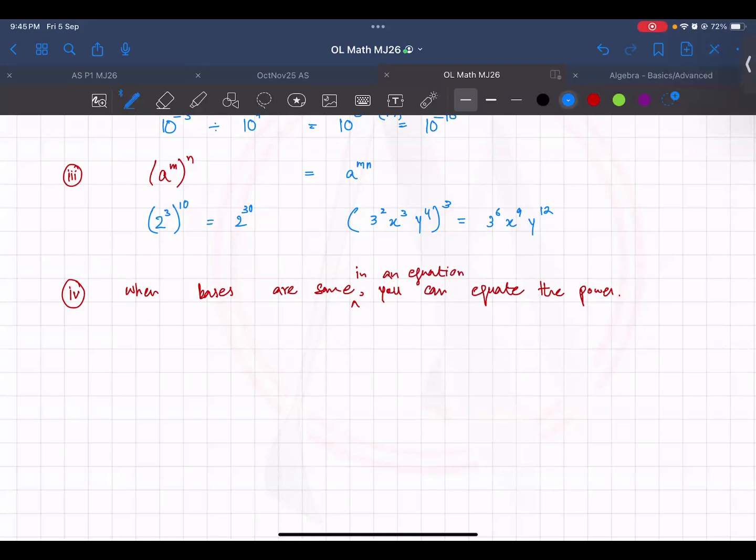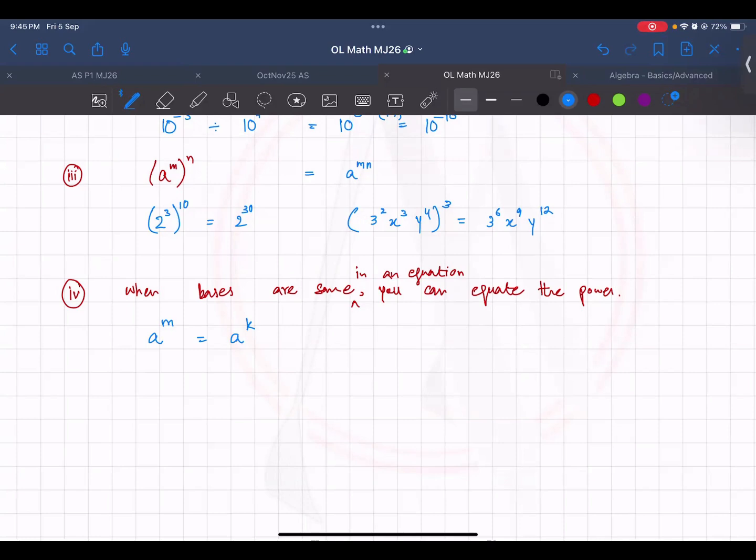For example, you have a to the power of m is equal to a to the power of k. Anything. You can see it is an equation. You have the equals to sign. And you have the base a on both sides. Bases are same. And it is an equation.